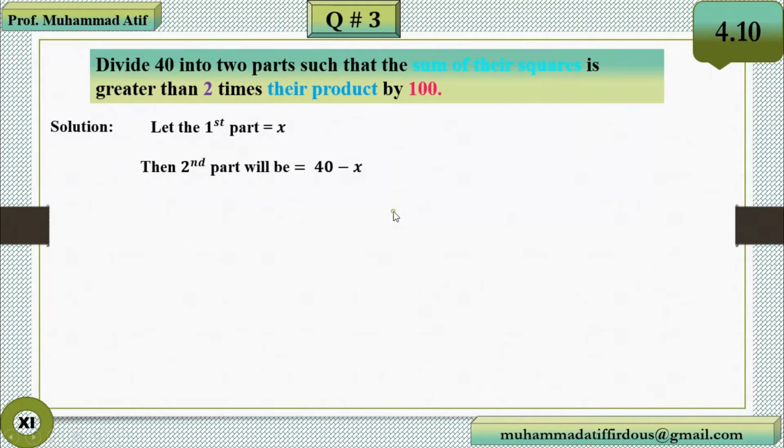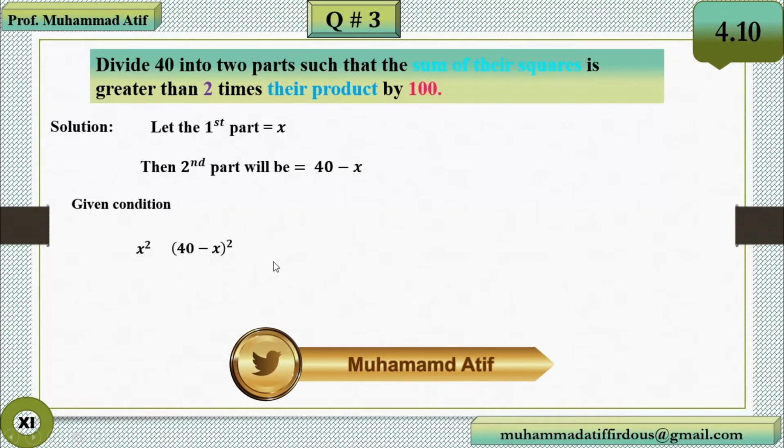Got it? Then according to the given condition, what will be the sum of their squares? Suppose this number and take squares, x square and 40 minus x whole square.